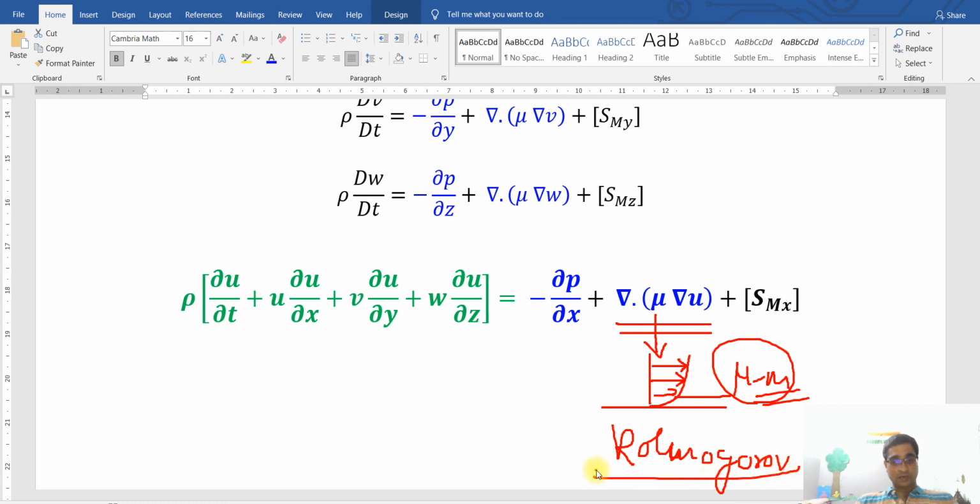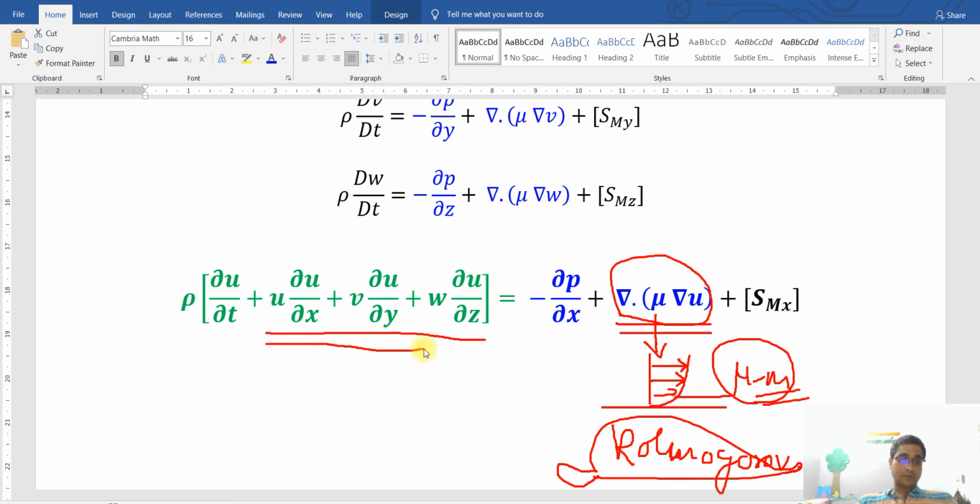Kolmogorov defined the size of the smallest eddies. So here the question comes: what is the relationship between the largest eddies and the smallest eddies produced by the viscosity? That will be the topic of my lecture number 6.